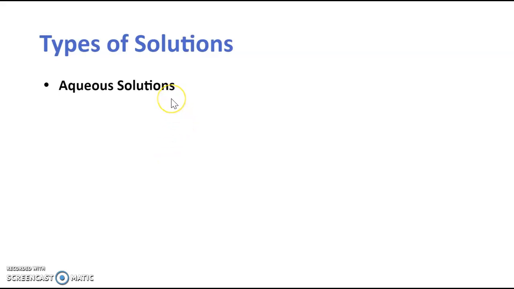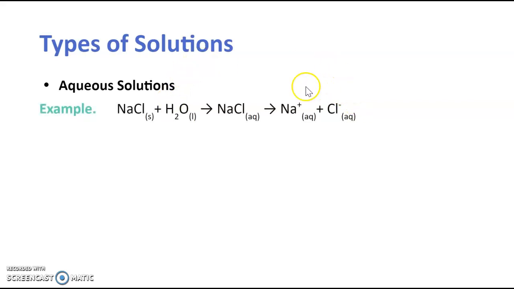Okay, so there's a couple different types of solutions. And one of them, which is primarily what we've dealt with, is aqueous solutions. For example, sodium chloride, which is salt, plus liquid water, is going to dissolve to become aqueous sodium chloride, which really just means the sodium ion is by itself interacting with the water molecules, and the chloride ion is by itself interacting with the water molecules.